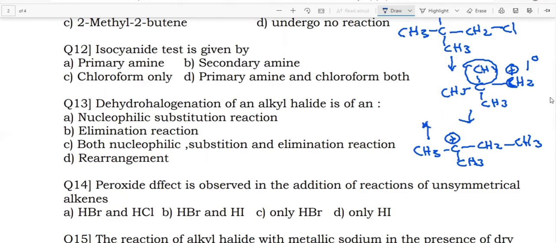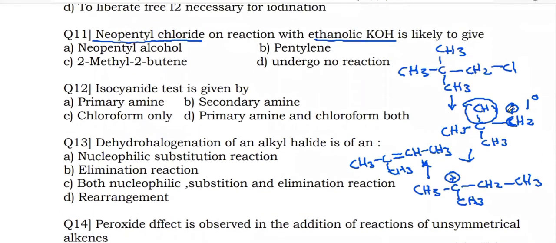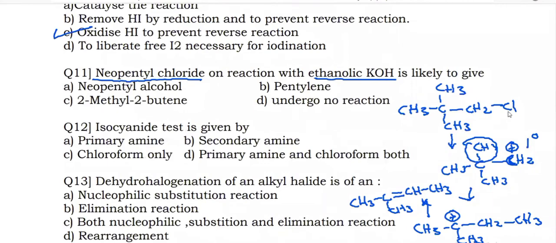The answer here is an alkene like CH3, CH3, double bond, CH. What's the name of this alkene? The 2-methyl-2-butene. So that's the answer. Option C is correct for question number 11. 2-methyl-2-butene will be the product.